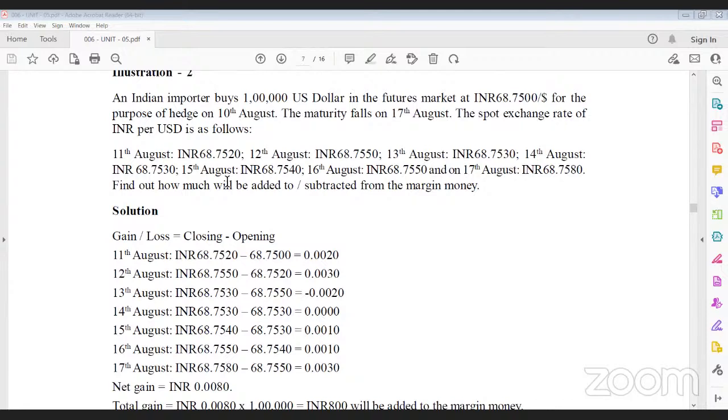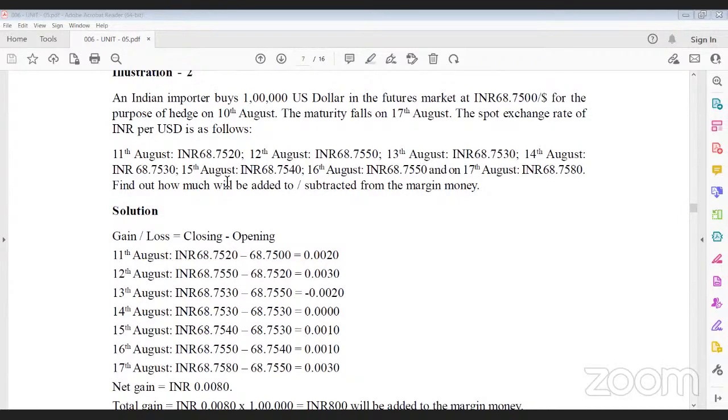Here, an Indian importer buys 1 lakh US dollars in the futures market, and the price on that date is 68 rupees 75 paise. The contract is taken for the purpose of hedging on 10th August, and the maturity falls on 17th August.